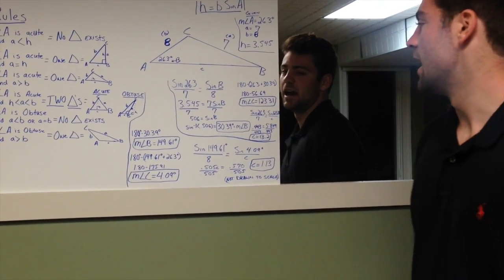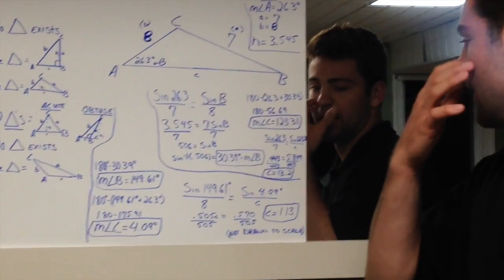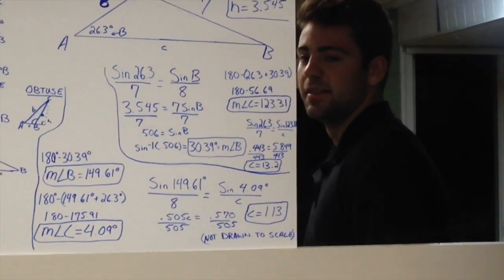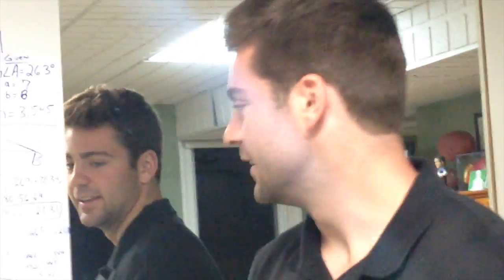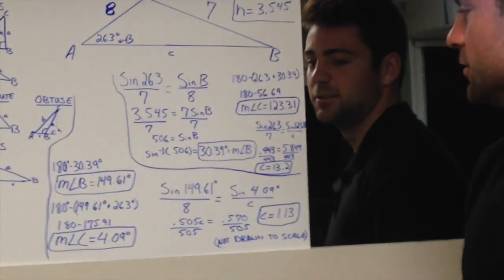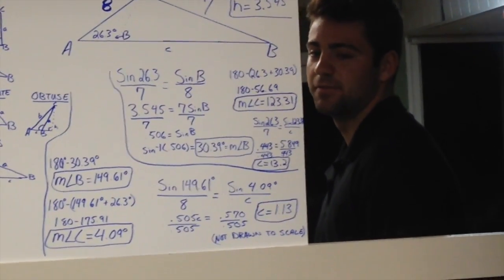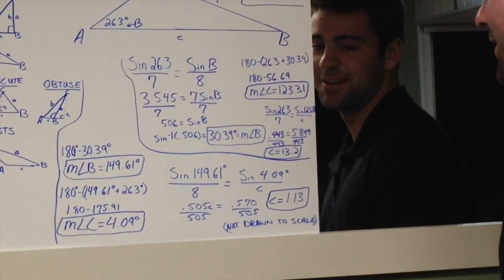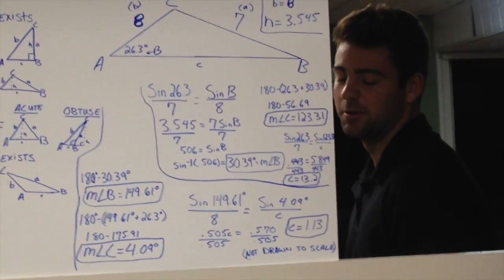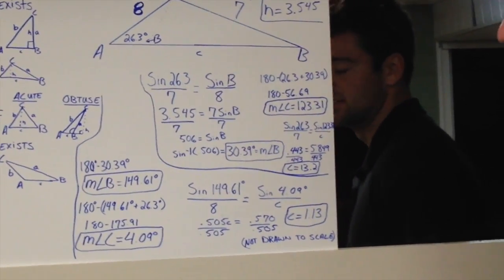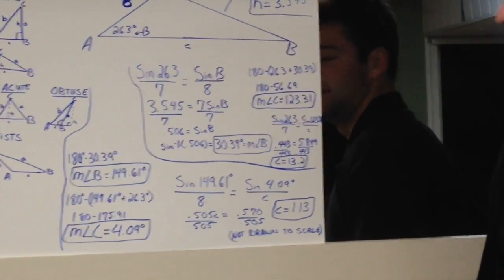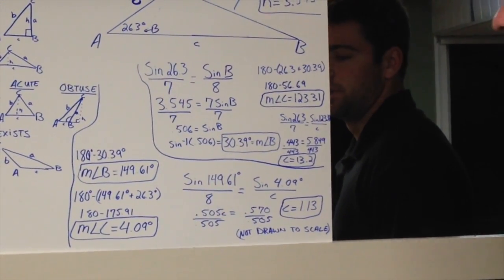And then I once again did the proportion to figure out the side length C. So that got me to sine of 26.3 over 7 is equal to sine of 123.31 over C. And that came out to 0.443 C is equal to 5.849. And when you divide that out, it comes out to the side length of C is 13.2.